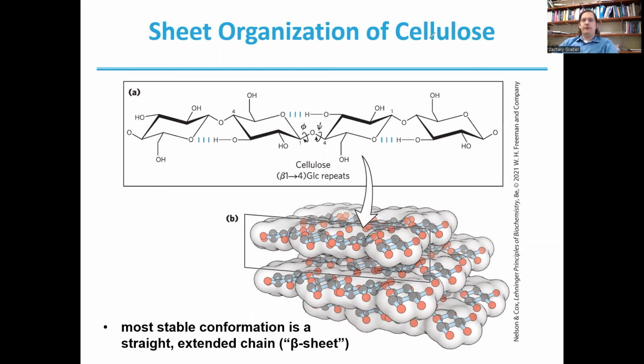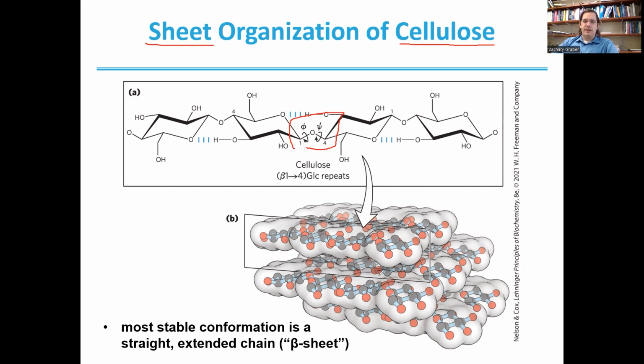Interestingly, our cellulose arranges itself in a sheet-like structure, kind of like our protein beta sheets. With our beta 1 to 4 linkage, we tend to form very extended structures instead of the more compact and turning structures of our starch. And so our most stable conformation ends up being laying our sugars flat and next to each other so that they can hydrogen bond.